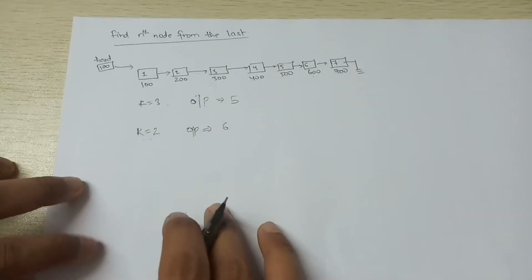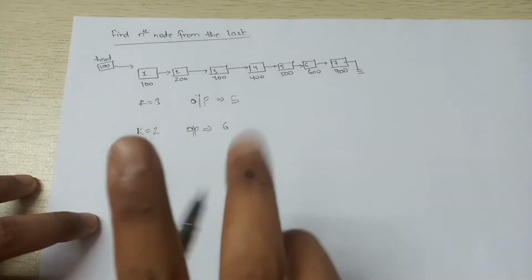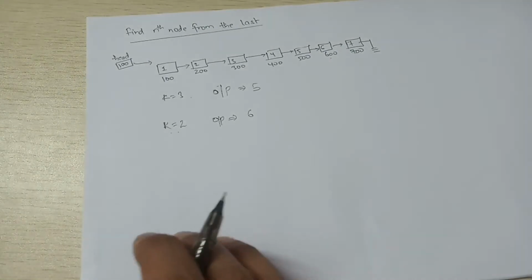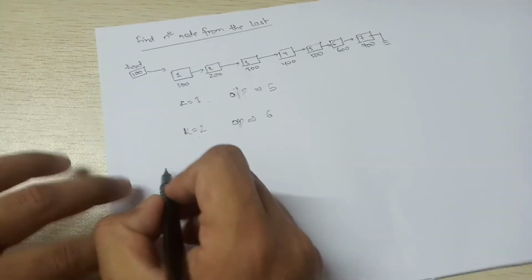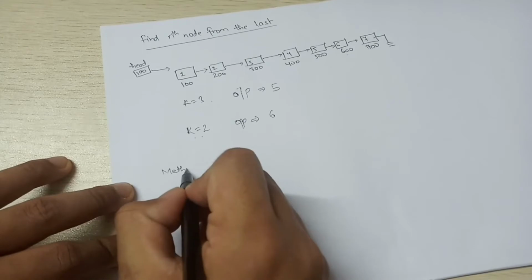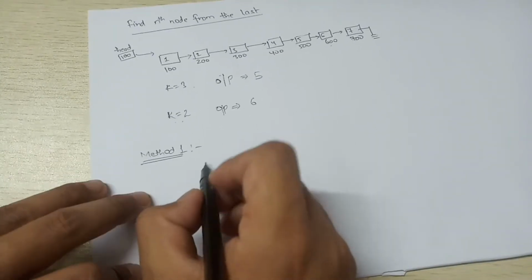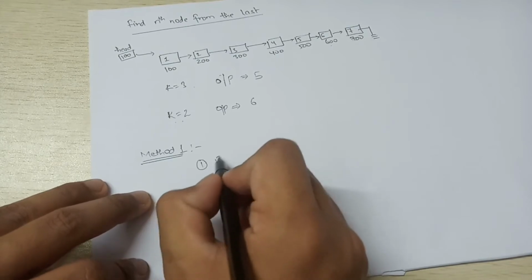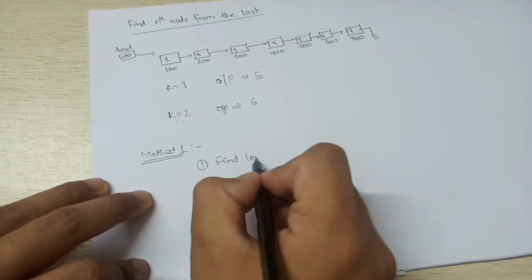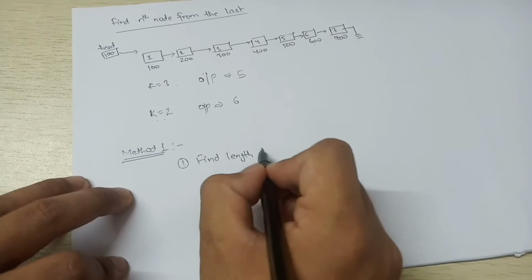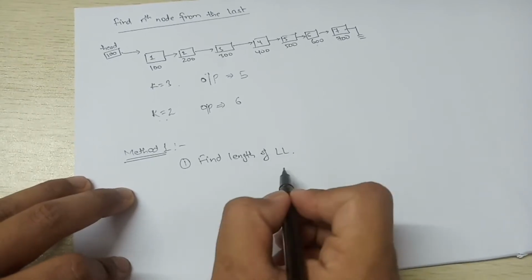Now we are going to solve this question using two methods. So the first way of doing it, let's say method 1. You first find the length of the linked list.